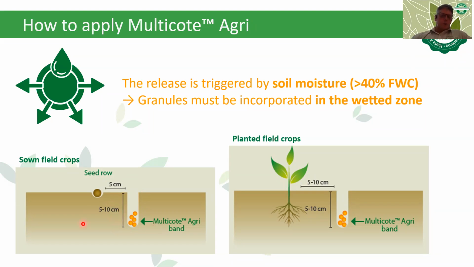And this will be your active root zone, which is why we want it in that area. If you're planting field crops or plants or trees, 5 to 10 centimeters away, and then again 5 to 10 centimeters deep. If you're in a very hot climate where you have no root development in the top 10 centimeters, then one would go down deeper.